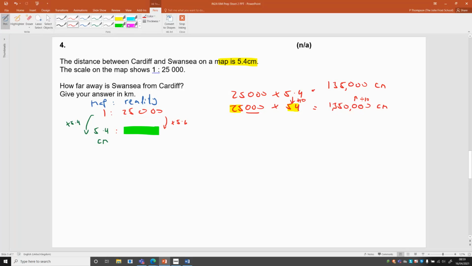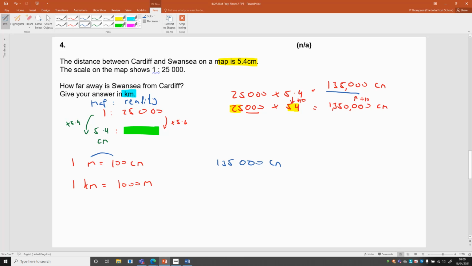But it wants the answer in kilometers. So remember the connections now, okay? 1 meter is 100 centimeters, and then also 1 kilometer is 1,000 meters. Now, this here is in centimeters.